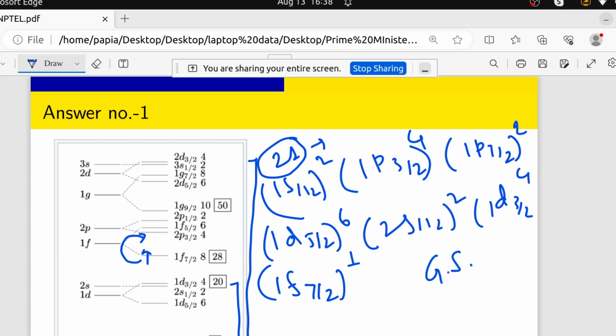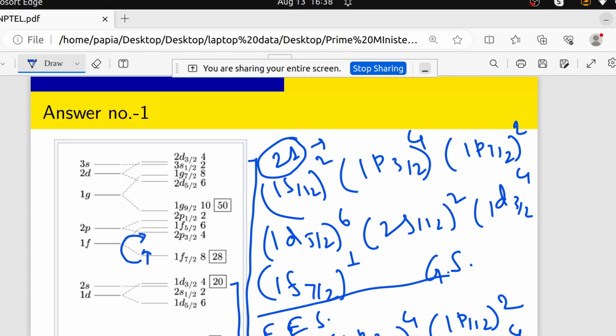The same expression for the first excited state will be 1s 1/2 2, 1p 3/2 4, 1p 1/2 2, 1d 5/2 6, 2s 1/2 2, 1d 3/2 4. Now this nucleon will go here, that means it will be 2p 3/2 1.